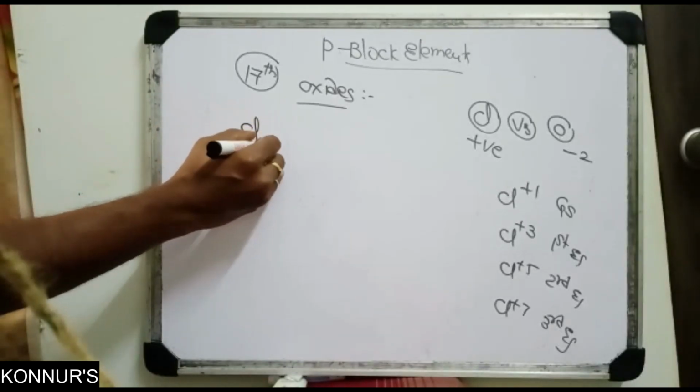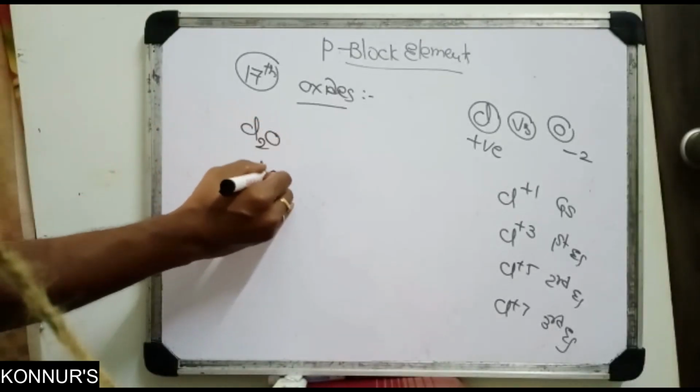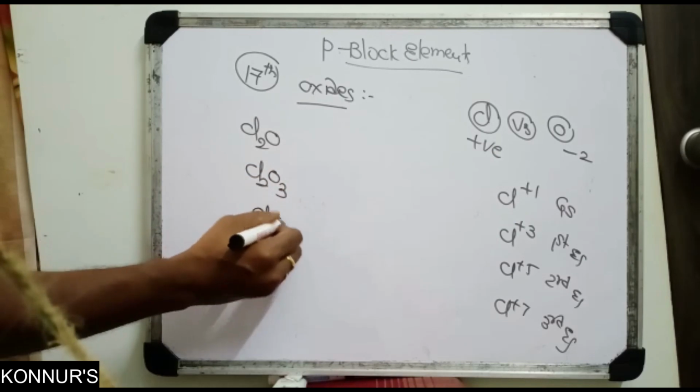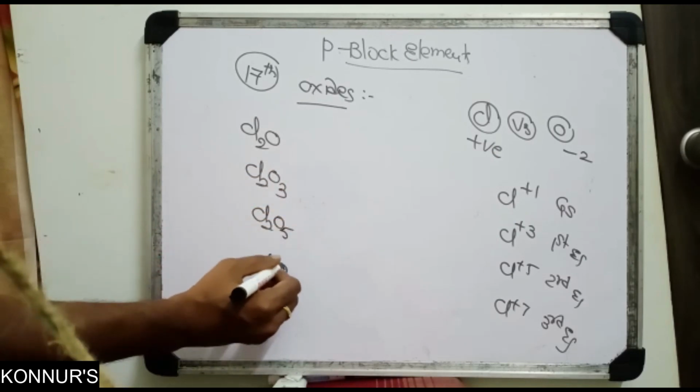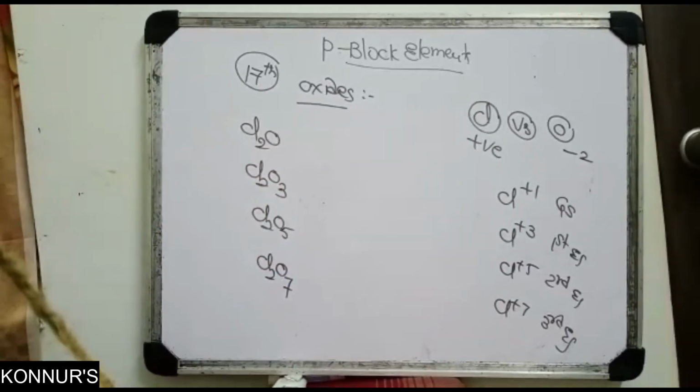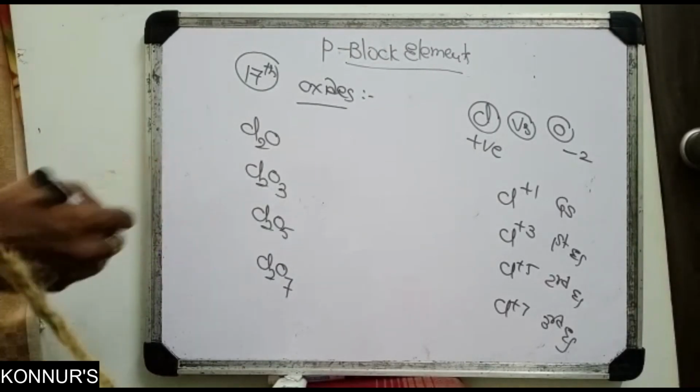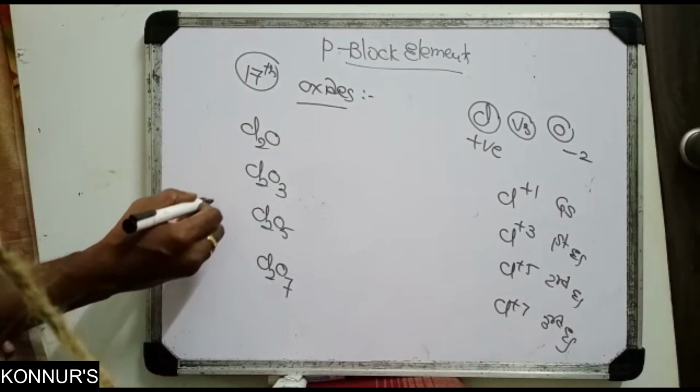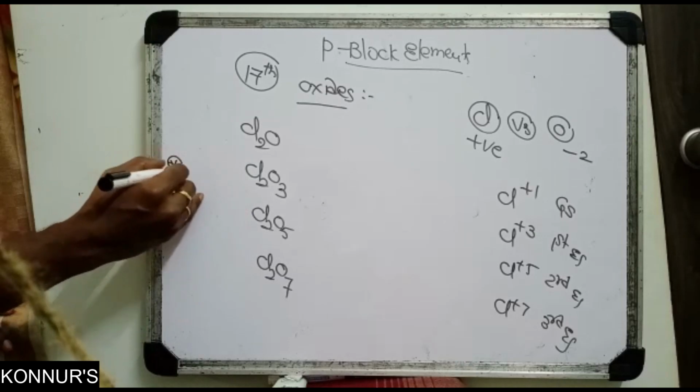Cl2O, Cl2O3, Cl2O5, Cl2O7, you are getting these compounds. Next, other than this, you are getting special ones also.